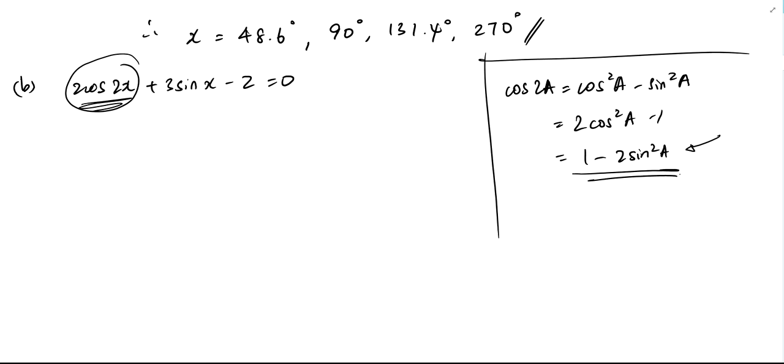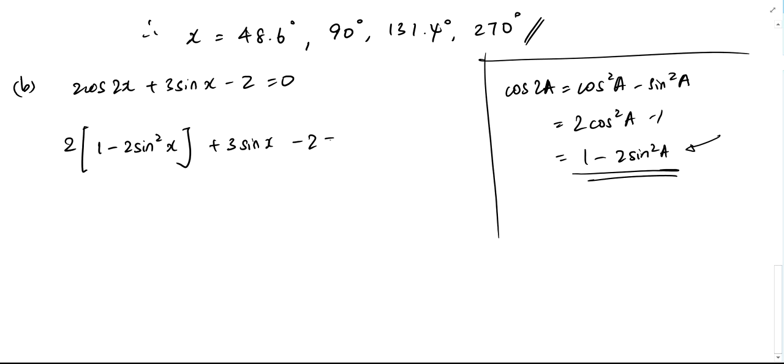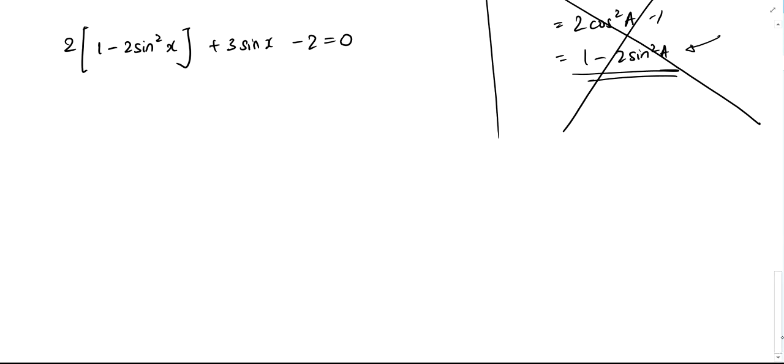So let us rewrite it now. 2 times cosine 2x becomes 1 minus 2 sine square x, plus 3 sine x minus 2 equals to 0. You should eventually be able to make the decision mentally without needing to write all this down.